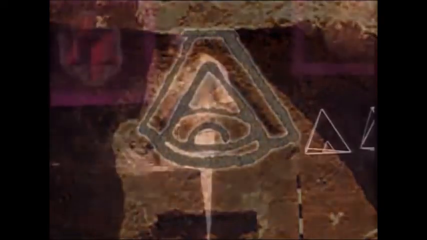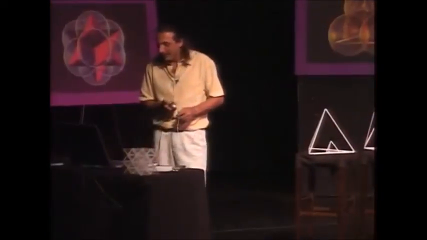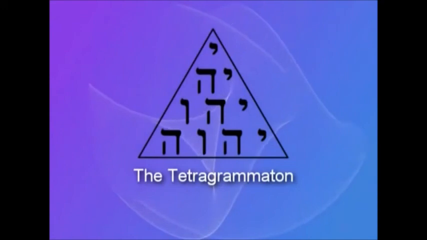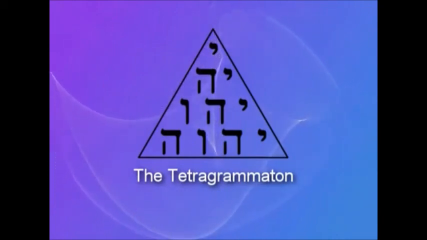I continued to study some more, and I realized that the Tetragrammaton in Kabbalistic tradition is typically denoted or described as this triangle structure with, in this case, the letters of God in it.